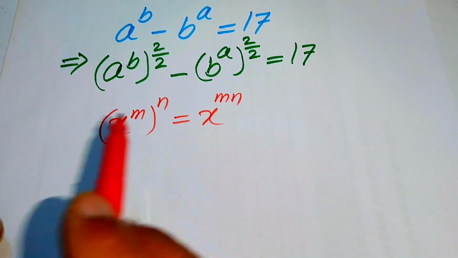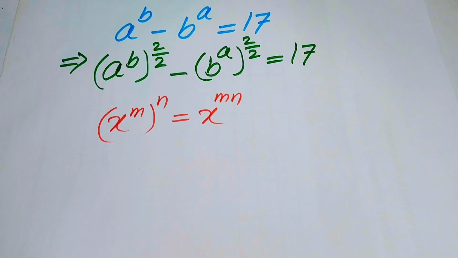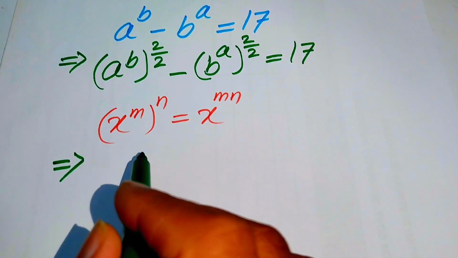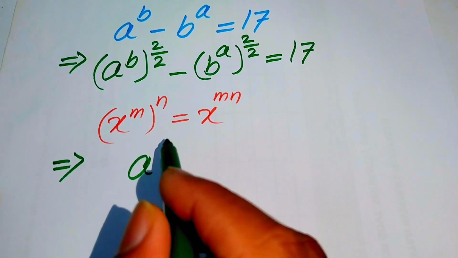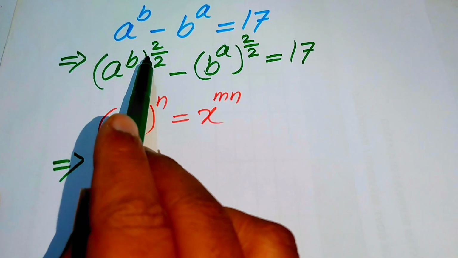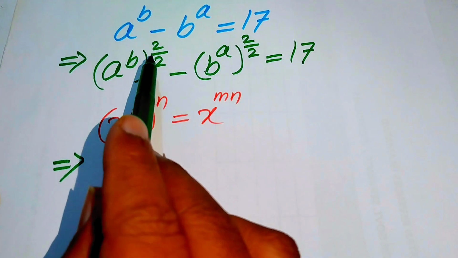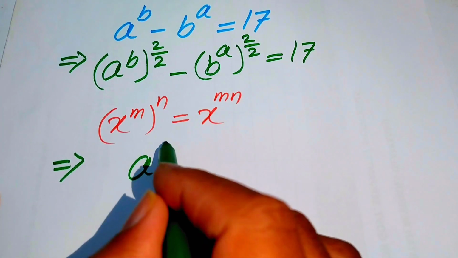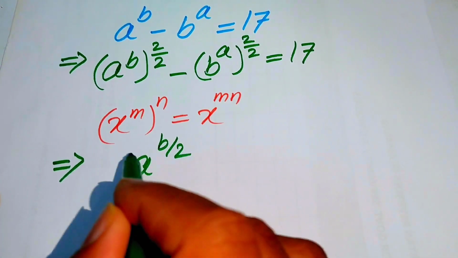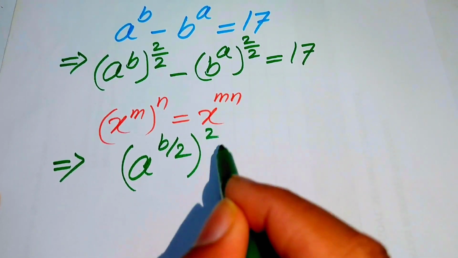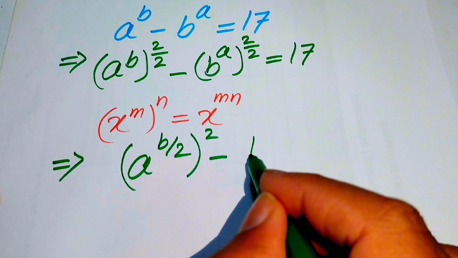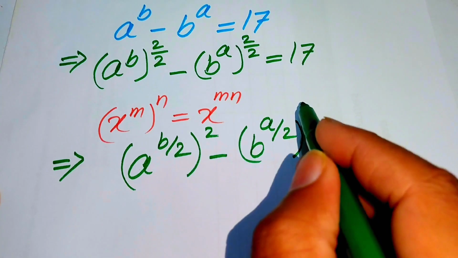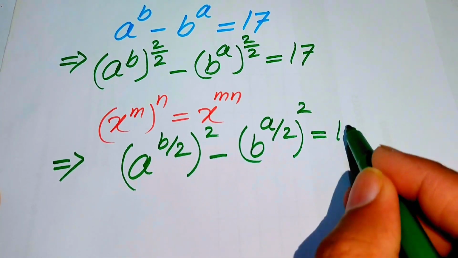So we use this exponential law in the above equation, and it will be written as a to the power of b, and we have the exponent 2 by 2, so we just multiply the exponent 1 by 2 here, and you obtain a to the power of b over 2 and its whole square, minus we write this as b to the power of a over 2 and its whole square equals 17.